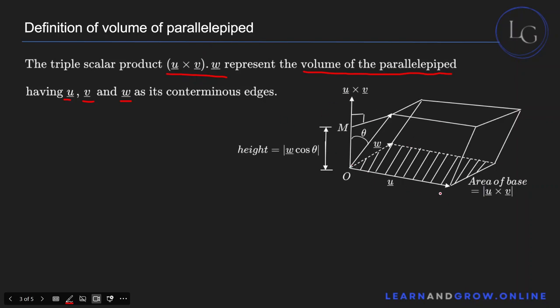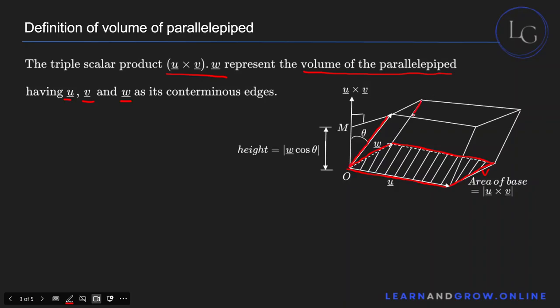So you have the base as u and v, right? In this case, this side is v. So obviously this side is also equal to v, and this side is u. And so obviously this side is also u, as they are parallel. And now the third side that you have left is this, and this is w.